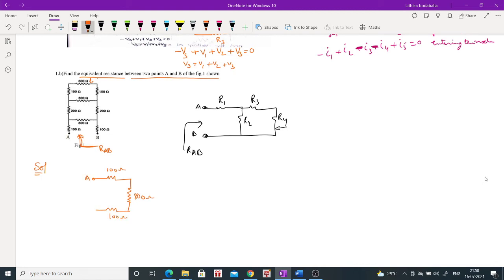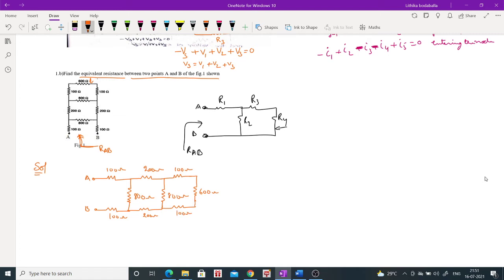So this is terminal A and this is terminal B. Again here there is a 200 ohm resistor, then an 800 ohm resistor here, then another 200 ohm resistor here, then another 100 ohm resistor here, a 600 ohm resistor here, and then a 100 ohm resistor here.